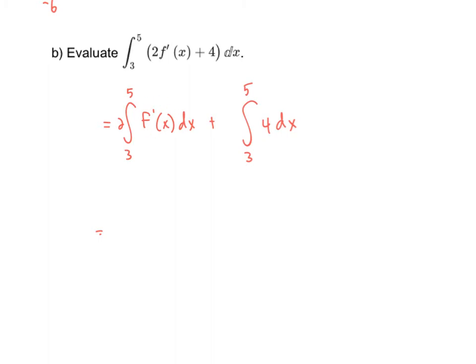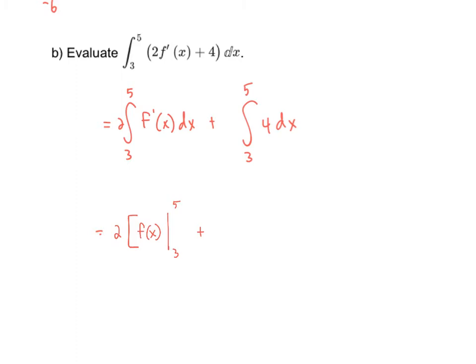But the antiderivative of a derivative is just the regular function, because an antiderivative is the function that if you took the derivative would be this. So that's just f. If you took the derivative of f, it would be f prime. So this is really 2, and then just f of x evaluated at 5 and 3.